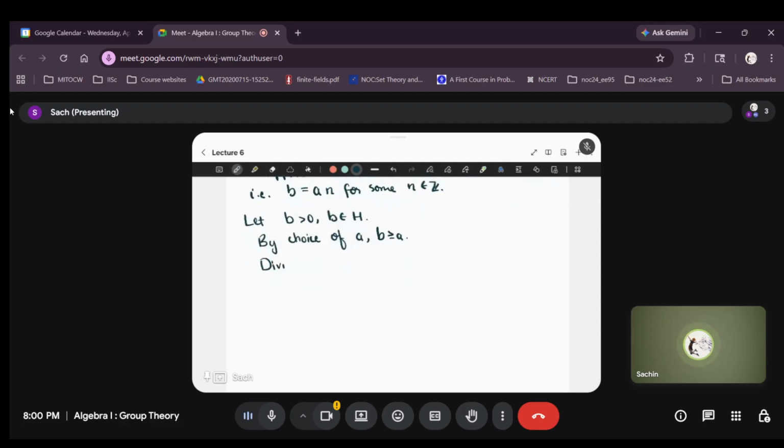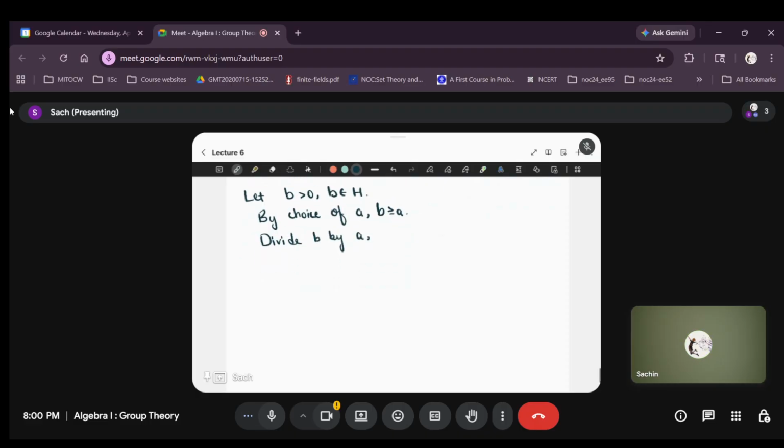Now you can divide B by A and write B is equal to AQ plus R, where R is greater than or equal to 0 and less than the divisor A. This we know from the Euclidean division algorithm.